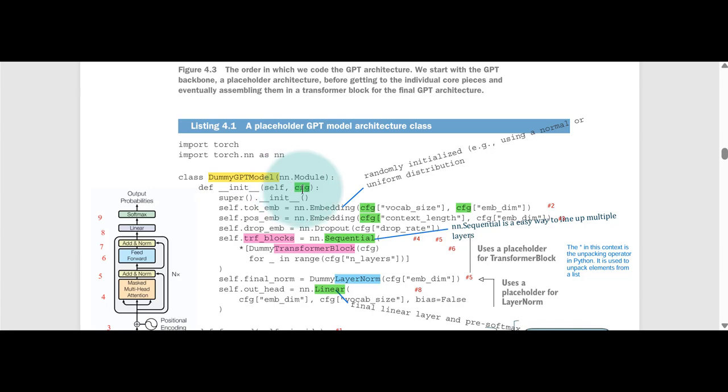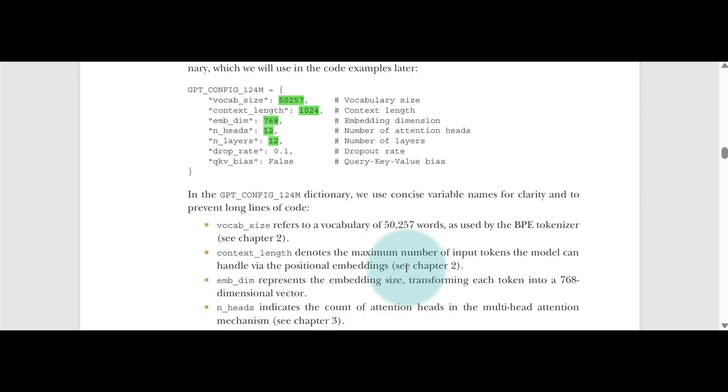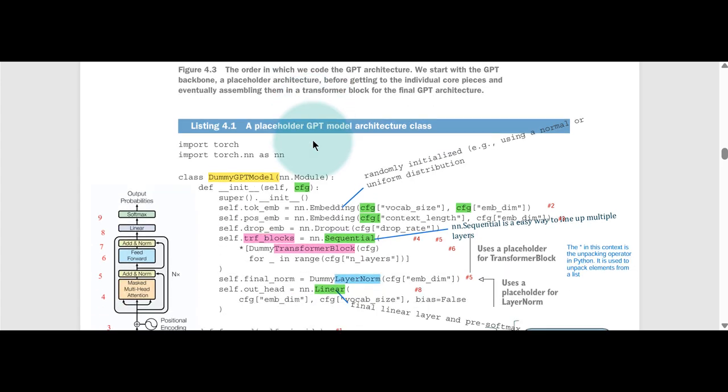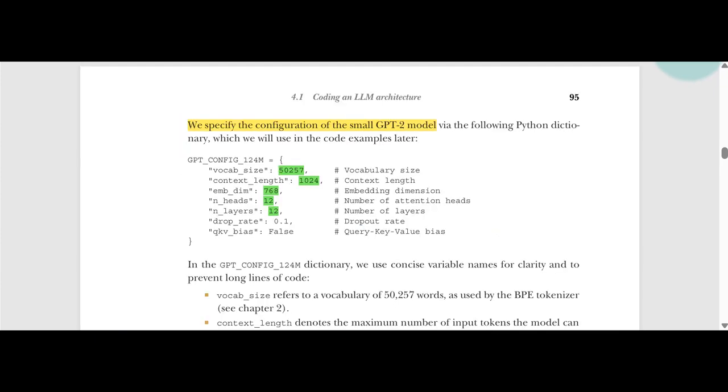As we said, we'll put this in here. First of all, we want the token embeddings, and so we're going to use nn.Embedding. We have to supply it with the vocabulary size, which recall is about 50,000, and the embedding dimension, which I think we said is 768.